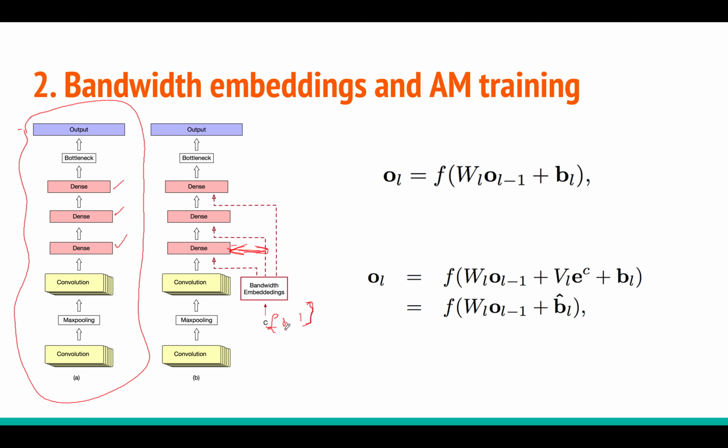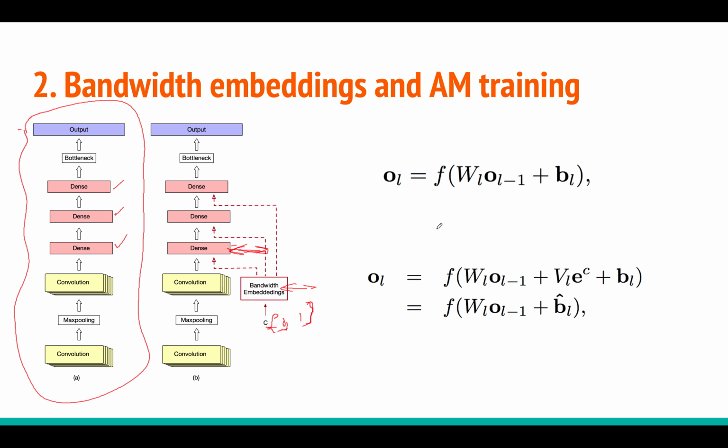For wideband we send c equal to 0, and correspondingly we'll have some vector here. This vector is a trainable vector, just like the trainable embedding layer we use in NLP. We have a trainable bandwidth embedding layer, which takes 0 or 1, where 0 is narrowband and 1 is wideband, and it concatenates those vectors into these dense layers, and the remaining things are similar.